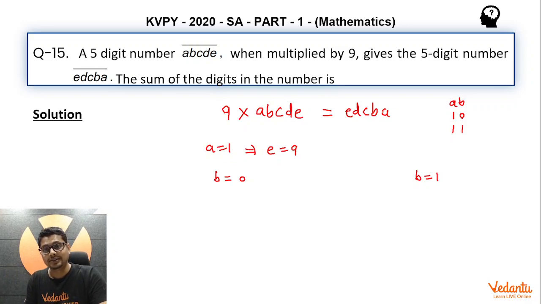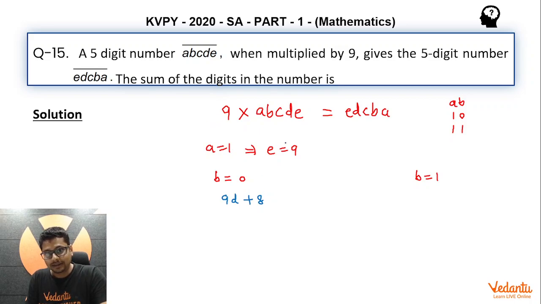So for you to have A as 1, E should be 9, so that you get 9 times 9 as 81. Now A becomes 1 and 8 gets carried forward. So now, if you see carefully, 9 times D plus 8. Why? Because 9 times 9 is 81. Here you get 1 at the unit place and 8 gets carried forward.